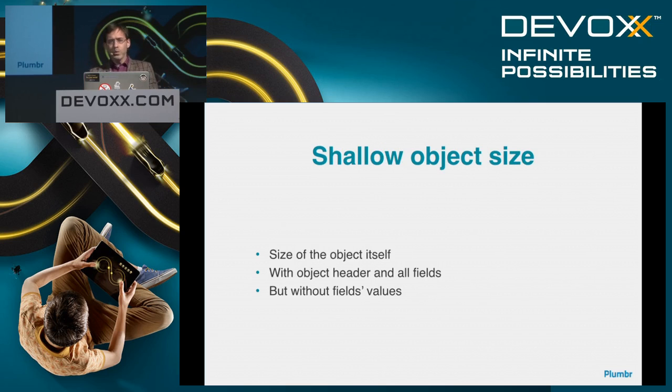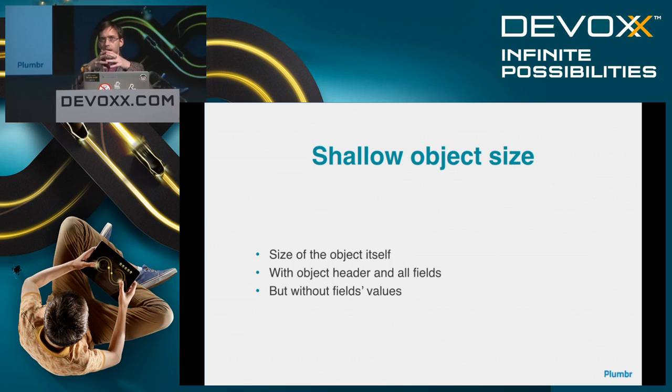The shallow size of the object is the size of that object with its headers and its fields, but without the objects that live in those fields. Because every field or every reference in the JVM is a reference, so it's either 4 bytes or 8 bytes.